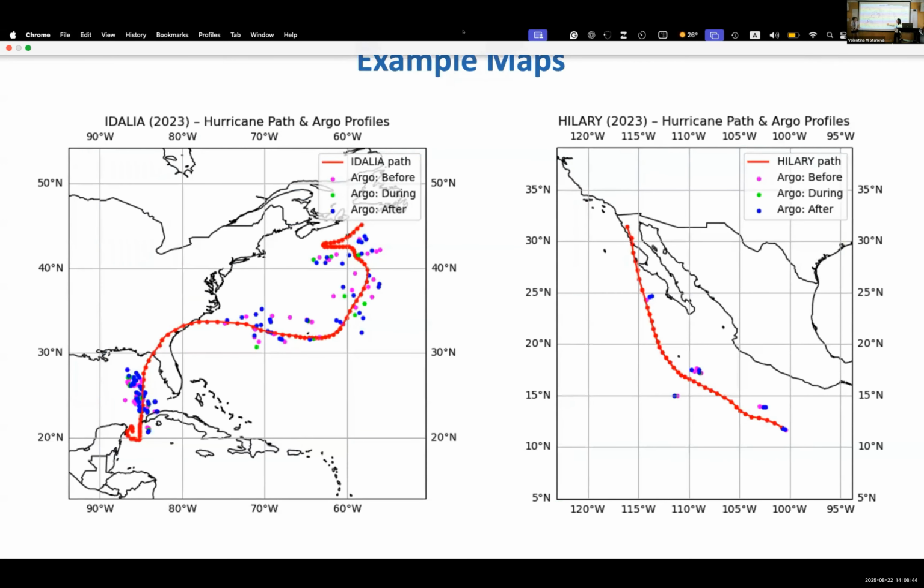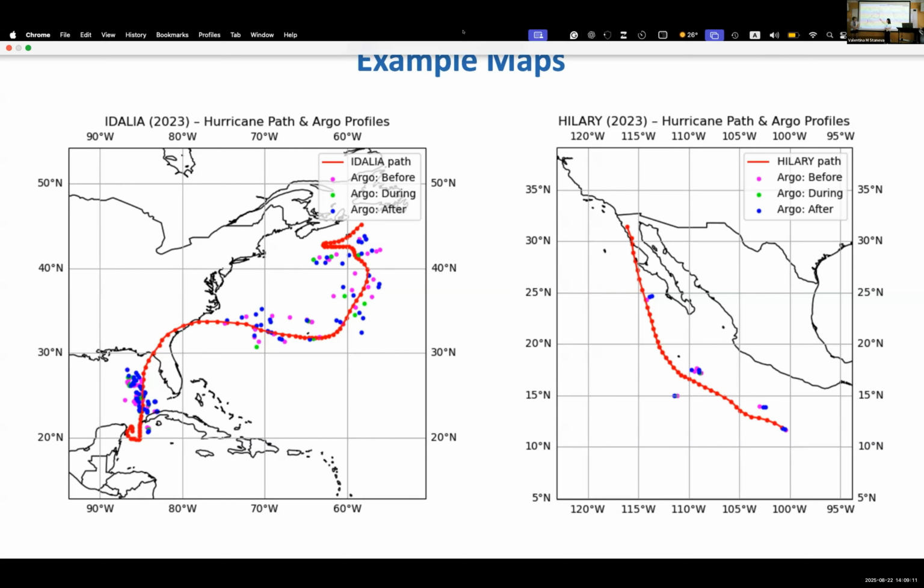So these are the examples. We chose 2023, the strongest hurricanes, and it showed that Idalia and Hilary were the strongest. We plotted the track of the hurricane, which is in red over here, and each set of three dots is colored for the Argo float data before the hurricane was here, during the hurricane, and after the hurricane.